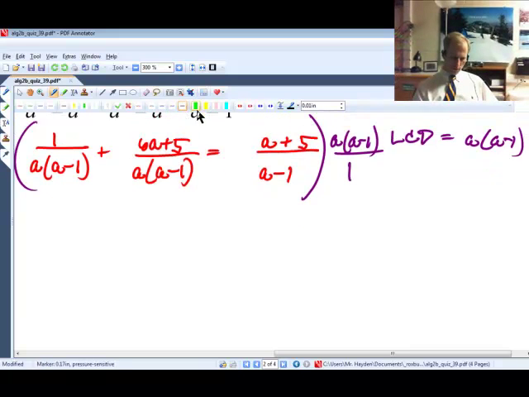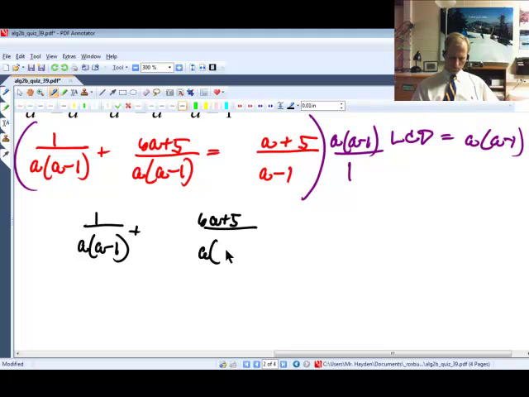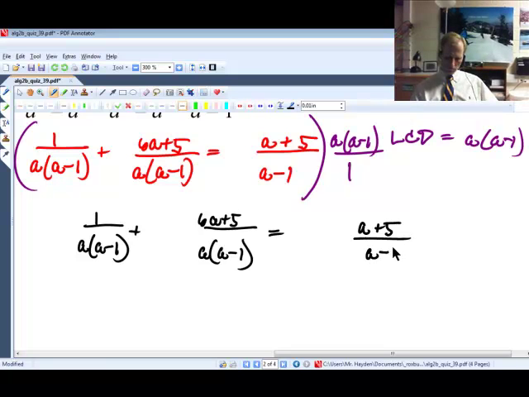So let me do that. Let me first recopy the equation. And now I'm multiplying by a times a minus 1 over 1.